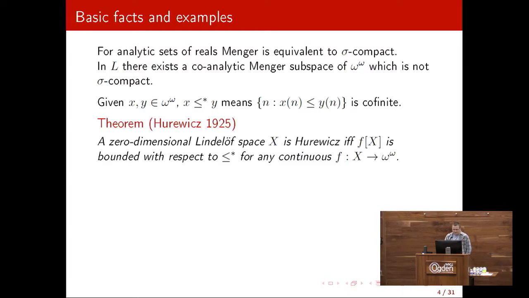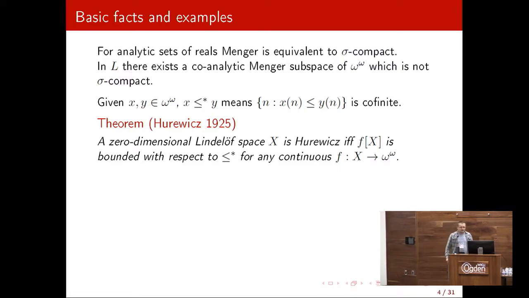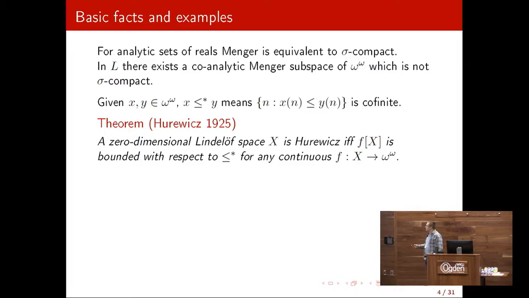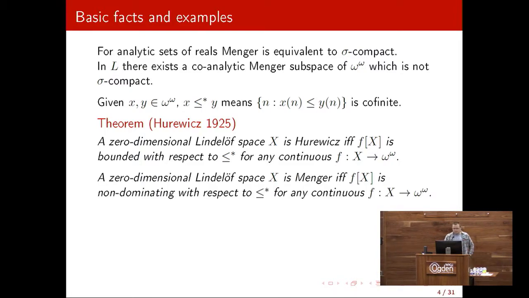And Hurewicz proved in 1925 that a zero-dimensional Lindelöf space has the Hurewicz property if and only if any continuous image of this space in the Baire space is bounded. From now on, whenever I say bounded or dominating, it's always with respect to this eventual dominance relation. Now, a similar characterization is true for Menger spaces. A space is Menger if and only if all of its continuous images in the Baire space are not dominating.